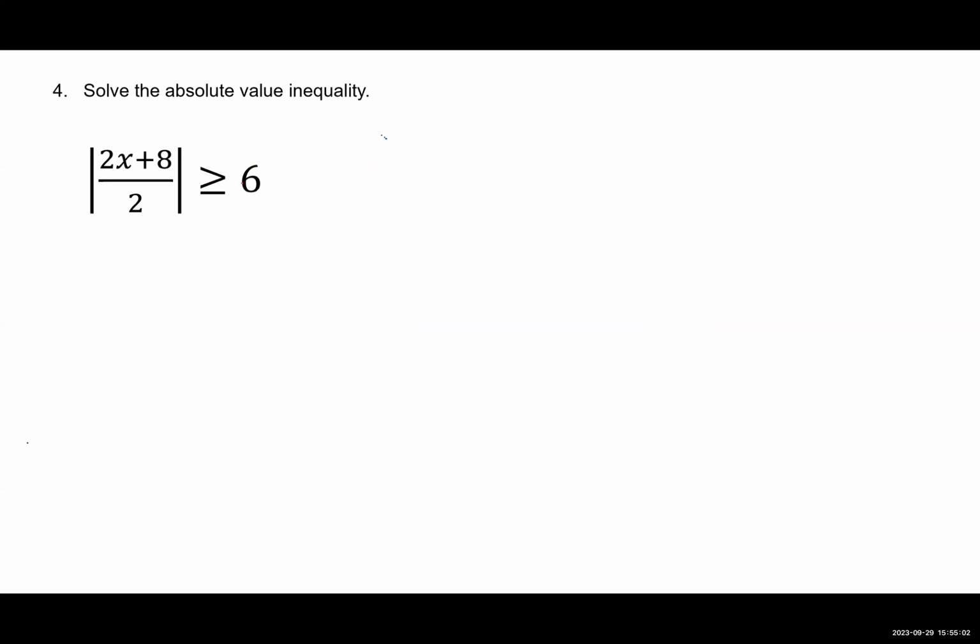I guess it could be negative in this case. The answer would be all real numbers, but the absolute value is always a non-negative number. It can't be anything below 0. But in this case, absolute value greater than or equal to 6, we have to set up two separate problems.